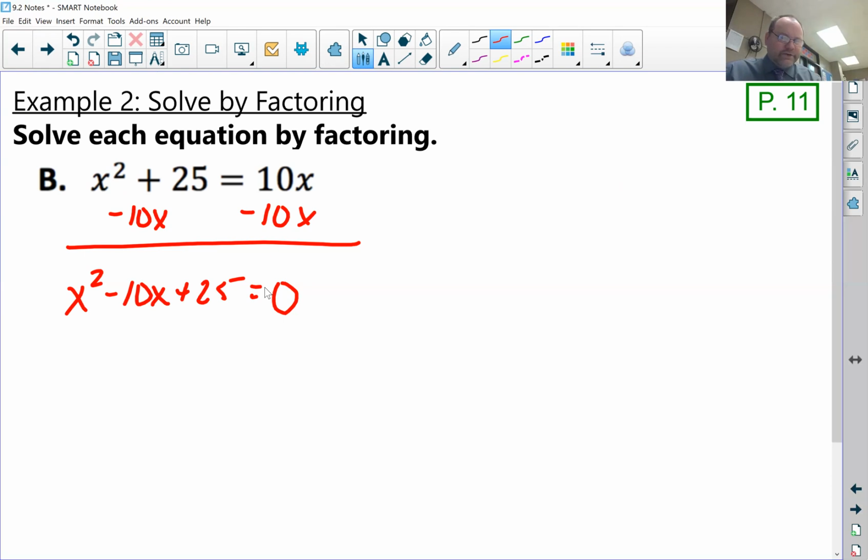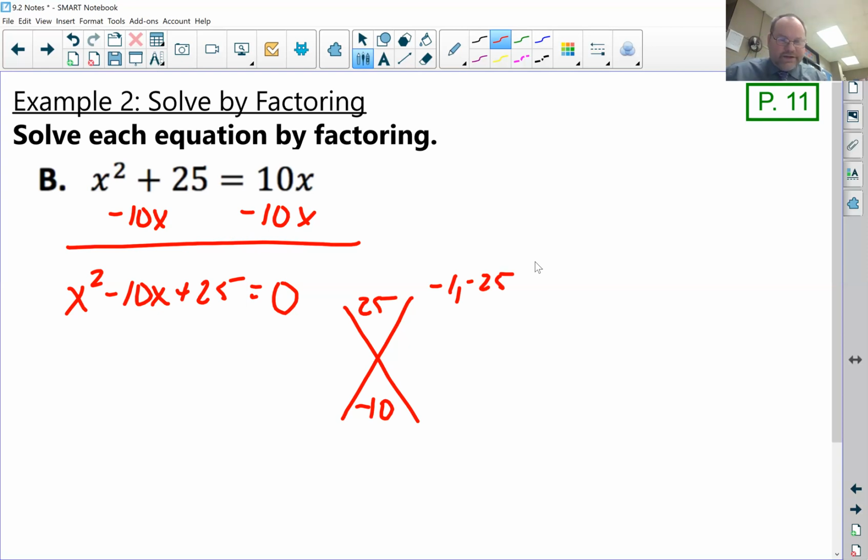And now I can factor. Again, two numbers that multiply to 25 and add to negative 10. So I know they both have to have the same sign, and they're both, in this case, going to be negative so that they add to that negative 10. So let's see, negative 1 and negative 25.